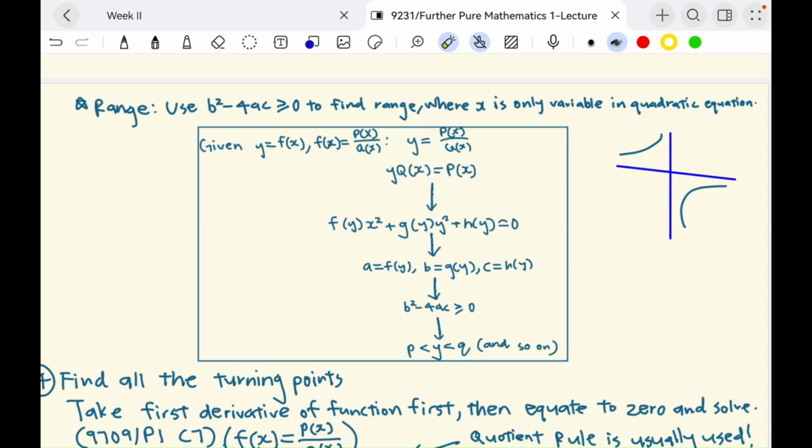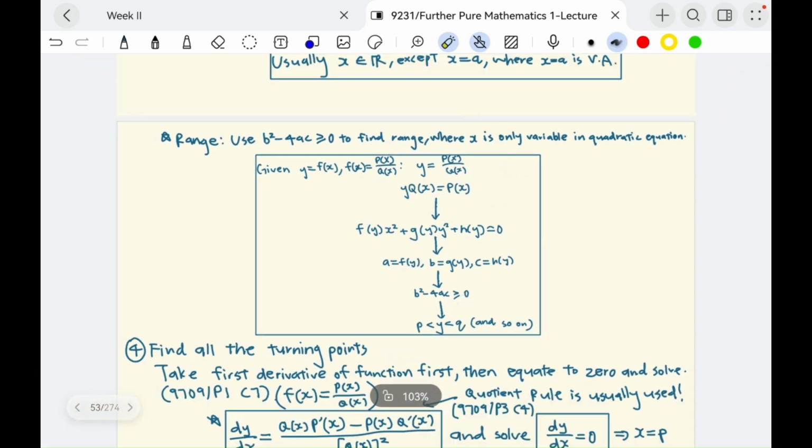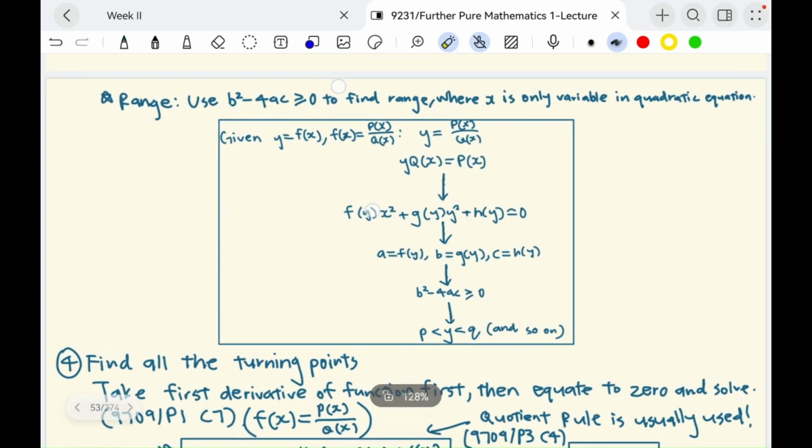So this makes perfect sense that you have to use the discriminant which is greater or equal to 0, because the y consists of not only one solution but probably 2 distinct solutions, where x is the only variable in the quadratic equation in terms of the y, not the x. Okay?